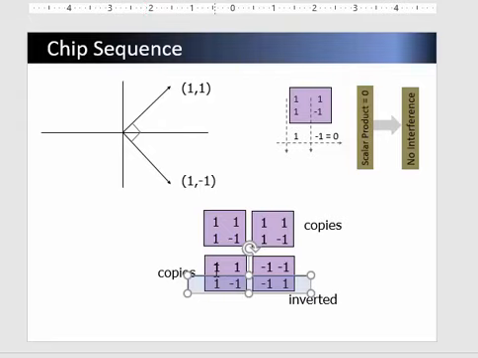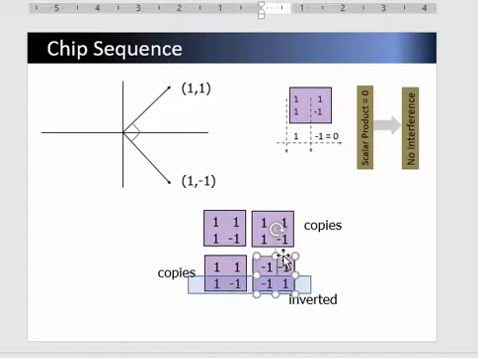They are all orthogonal. How can we make them orthogonal? Say this is orthogonal. Then we can copy it to its right-hand side, and we can copy it to the lower side. So we copied to the right and to the lower. And in the diagonal direction, we invert it: 1, 1, 1, minus 1 can be inverted into minus 1, minus 1, minus 1.